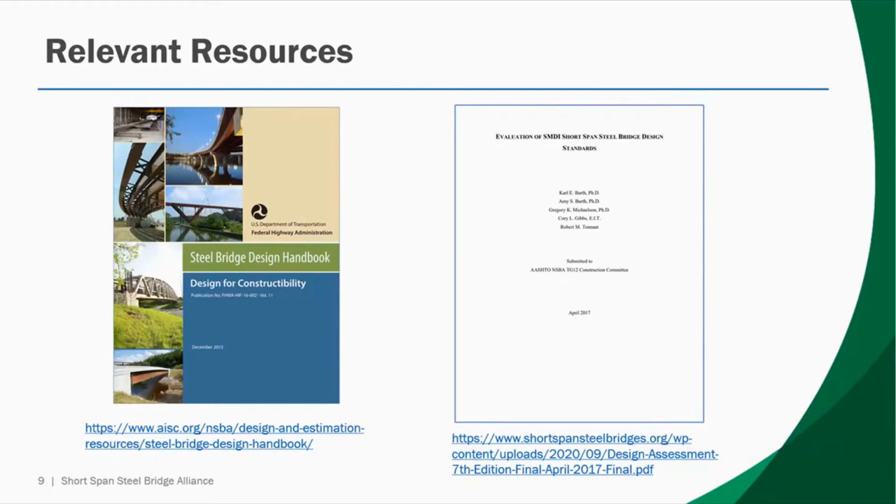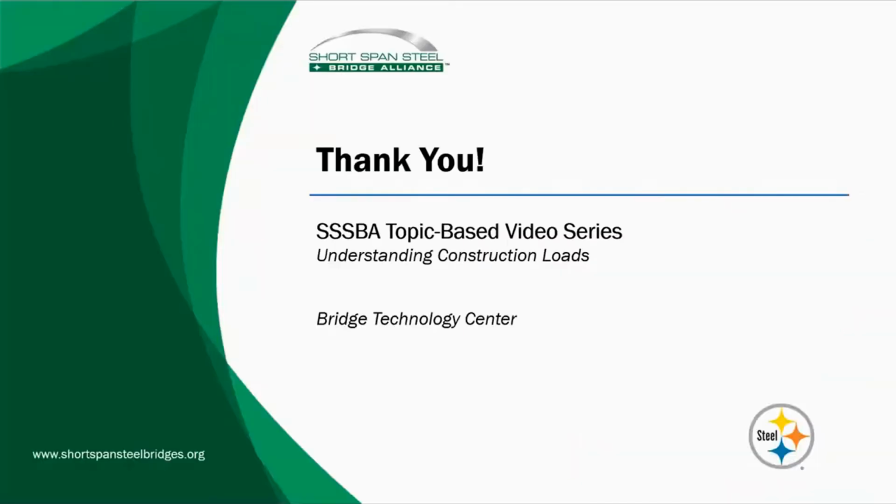And in this report, a step-by-step overview of the calculations relevant to not only lateral flange bending, but the general short span steel bridge design process are readily available. These are two really great resources for further study into the sources of lateral flange bending and the general handling of construction loading on short span steel bridges.